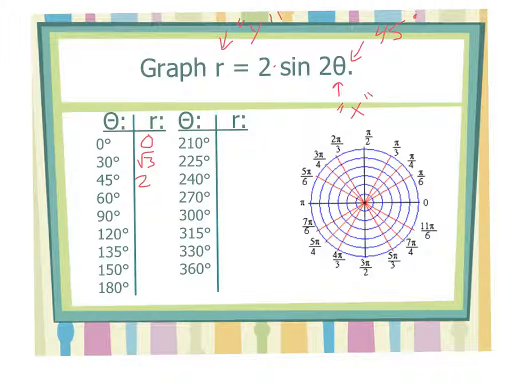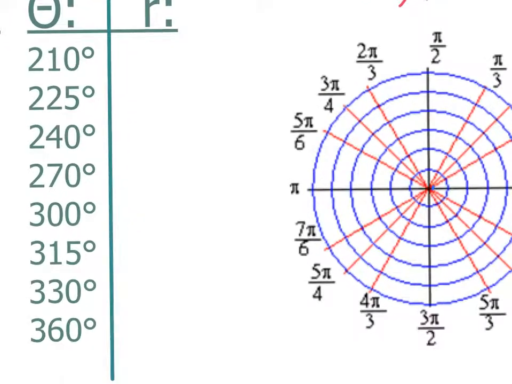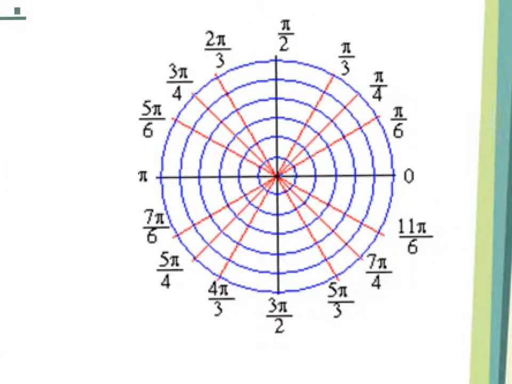Okay, so 0, 0. I'm going to just kind of zoom into the graph here and show you. So we got 0, 0. Now I'm going to change the units here a little bit. Let's say that's 1 and that's 2, just so I have more space. So the next one was when I put in 30, I got square root 3. Here it's a good idea to be thinking about decimal approximations. The square root of 3 is about 1.7.